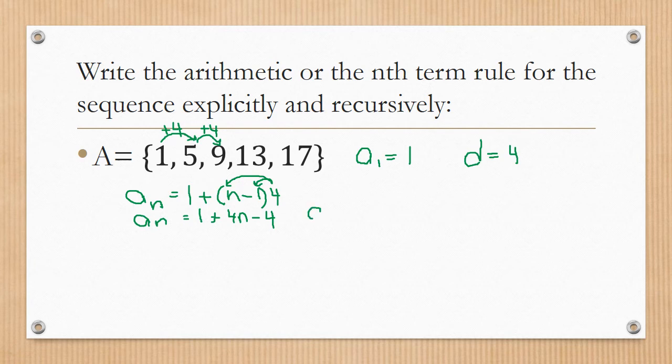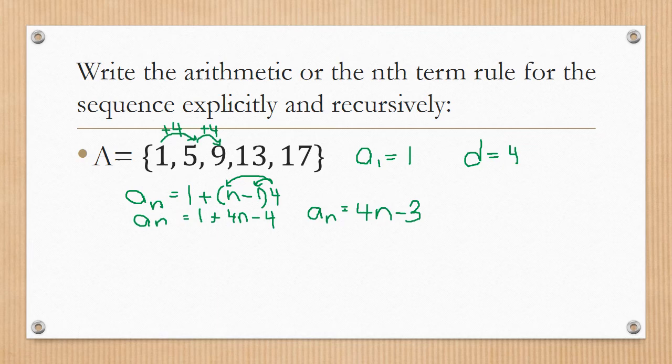So the sequence can be expressed explicitly in this case as a sub n equals 4n minus 3. Because negative 4 and 1 are like terms, when we put these two like terms together, we end up with negative 3.